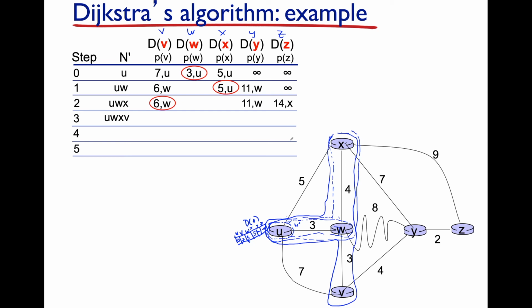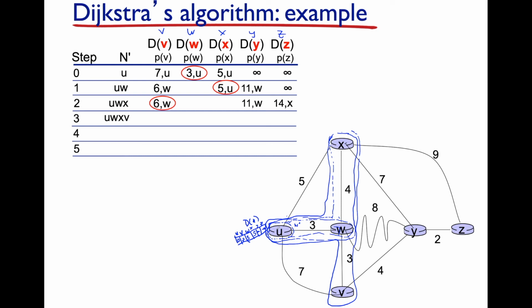Okay. So currently, to get from u to y, we're going to go indirectly through y's neighbor w at a path cost of 11. So the predecessor back to the source u from y is going to be w. So we have 11, w. So now we say, okay, do I keep that path cost from u to y of 11, or do I go indirectly through v?